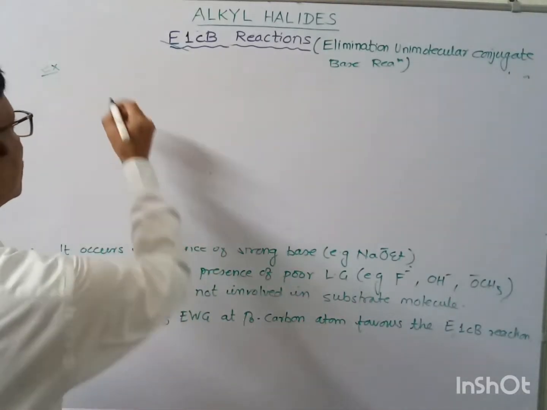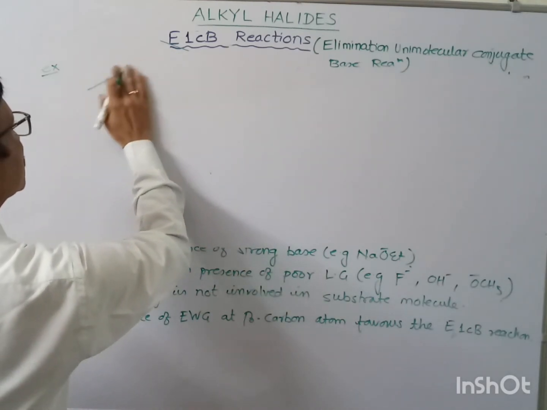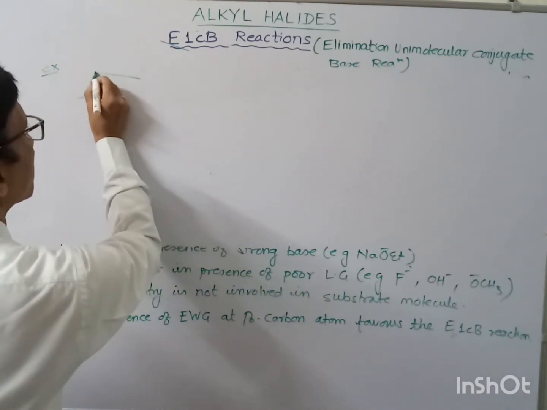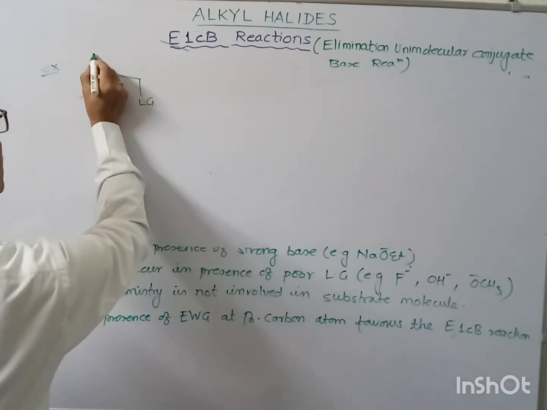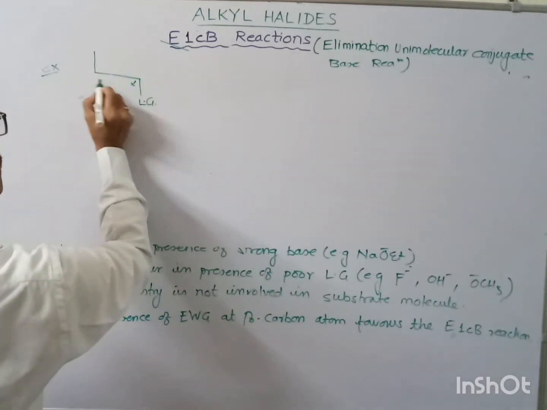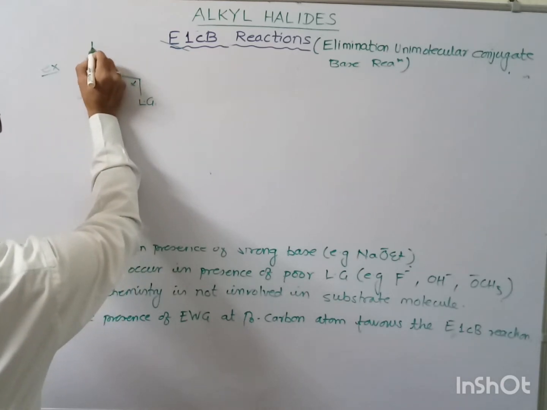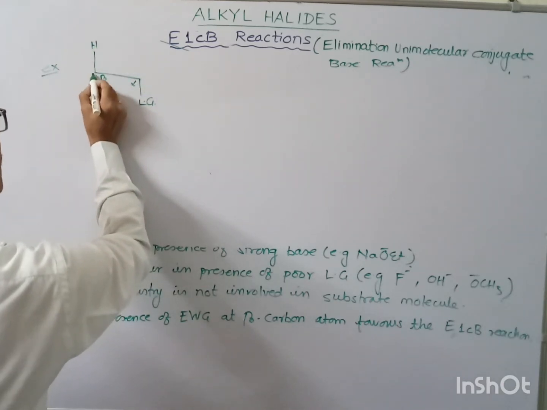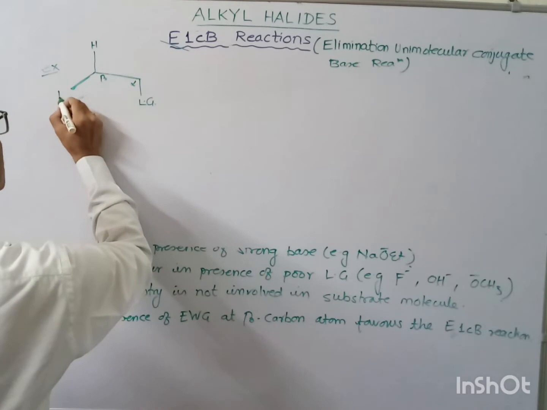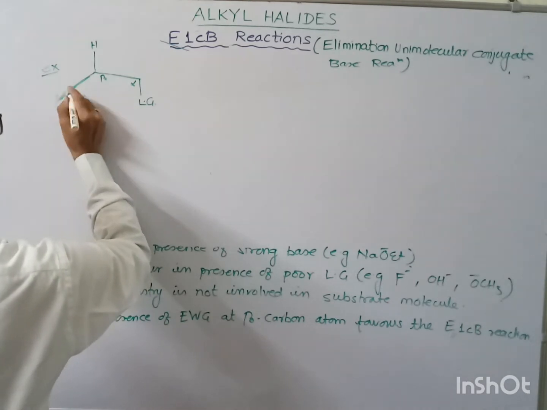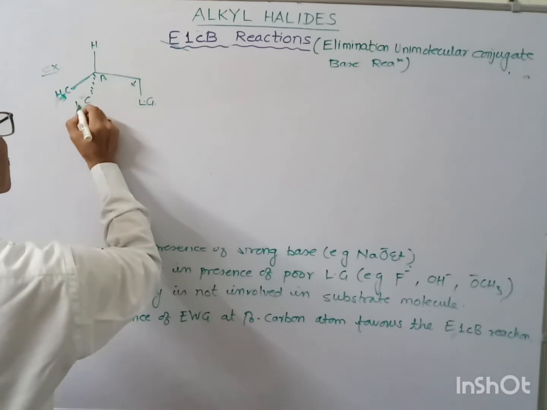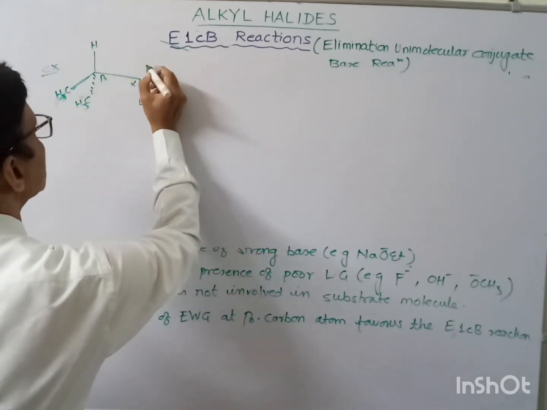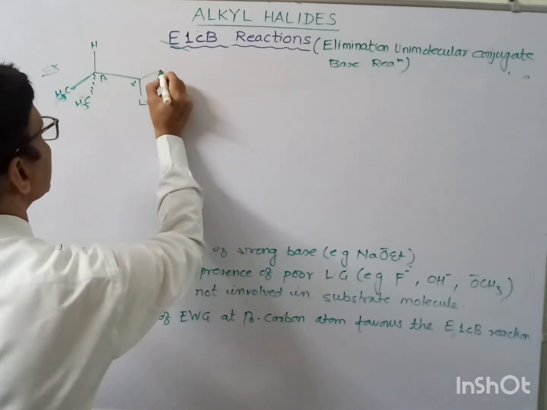So if we take an example, suppose this is our leaving group and this is the alpha carbon atom, this is the beta carbon atom, this is the beta hydrogen atom, and suppose a methyl group is present over here, another methyl group.